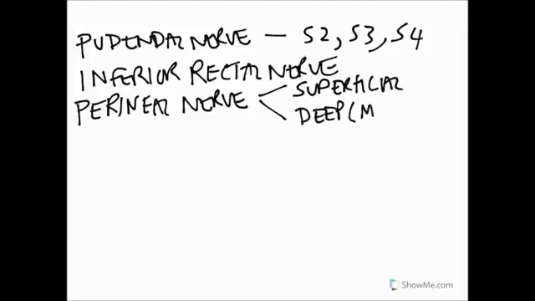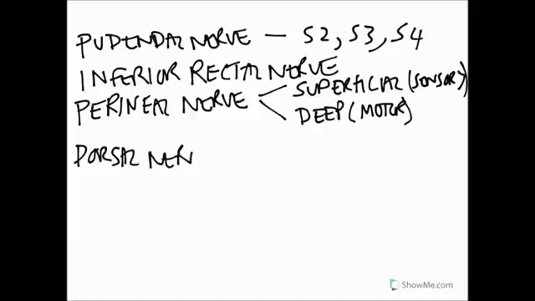The deep is motor, while the superficial is sensory, and not of too much importance, but the superficial is going to become the posterior scrotal nerve and the posterior labial nerve, depending on gender. The deep one is going to all those muscles I mentioned inside the deep and superficial perineal spaces. The last one is the dorsal nerve to either the penis or to the clitoris.